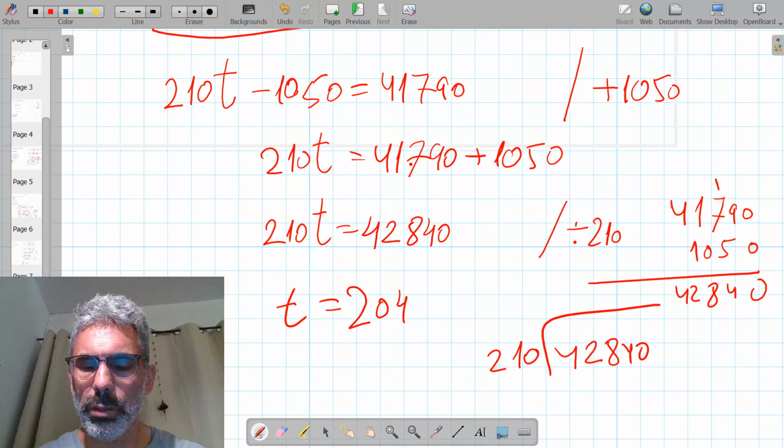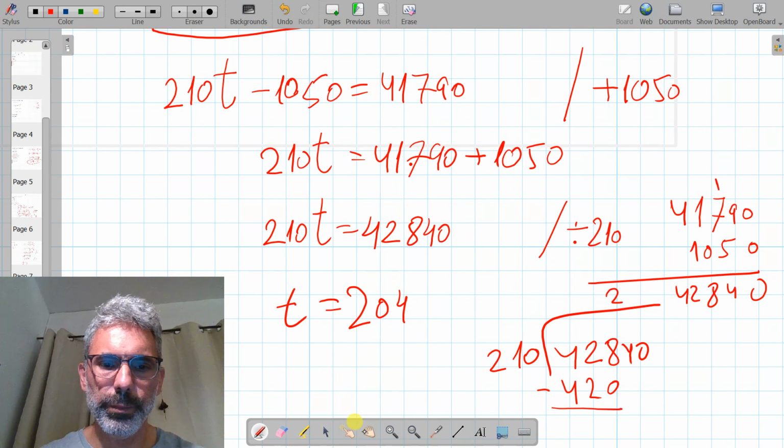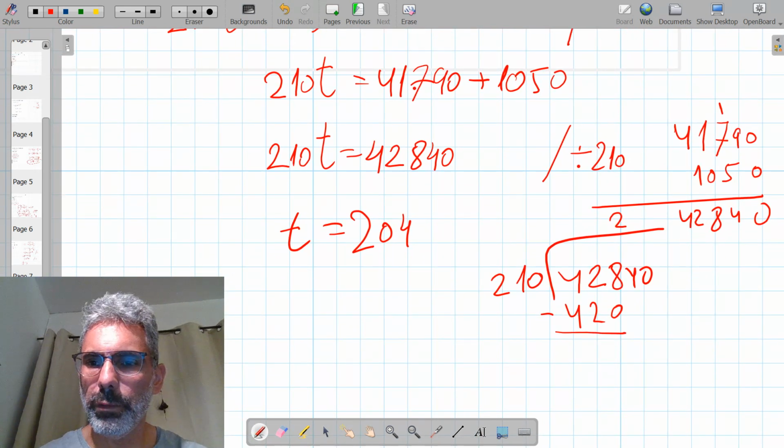Now let's try to use long division. 210 goes into 428 two times. 2 times 210 is 420. Subtract, we are left with 8. 210 doesn't go into 8, it doesn't go into 84, so it's 0.